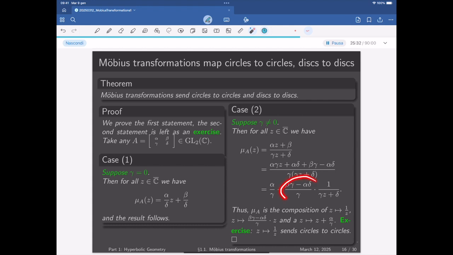Then multiply by a complex number, which sends circles to circles, and then translate, which sends circles to circles. So in other words, I wrote the Möbius transformation as a composition of things that send circles to circles, except that I have not proved that z goes to 1 over z sends circles to circles.